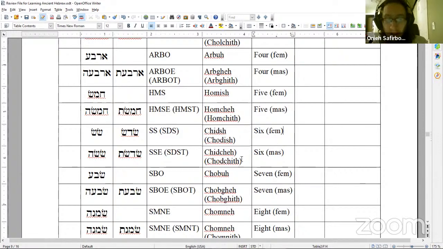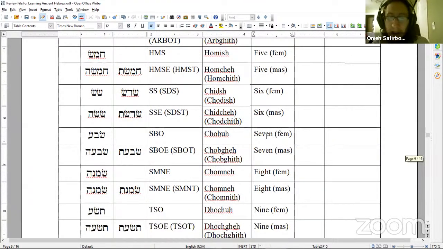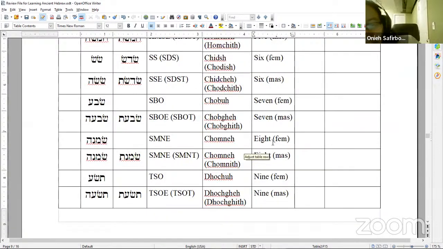And then chicha, originally chadchith, 6 for masculine. 7 feminine is chaba, and so that was feminine. And masculine 7 is chabga, and originally chabga. 8 chamna, feminine, and masculine 8 chamna, originally chamna.